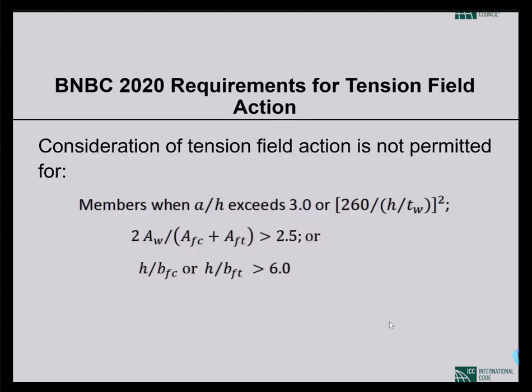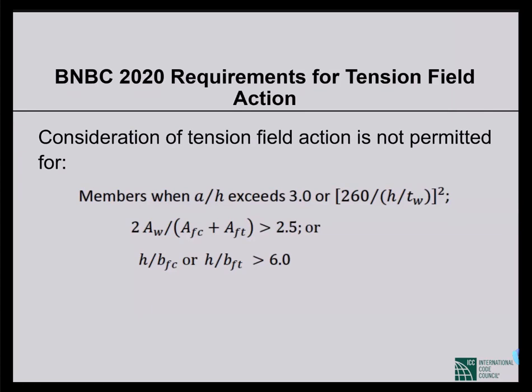Now in BNBC, the requirements are like that. We cannot consider tension field action for unstiffened case. We cannot consider it for end panels. And this is the limiting factor. If a/h exceeds 3, that is the spacing of stiffeners is 3 times the height of the web, then we cannot take that tension field action into account.